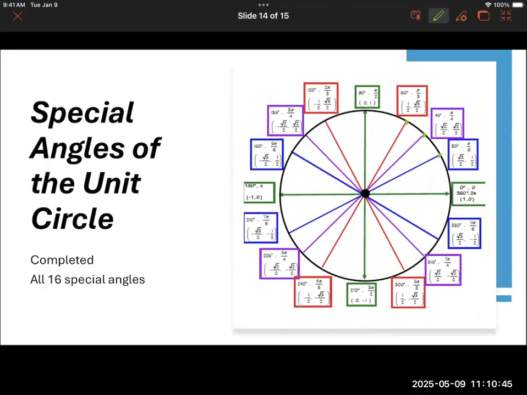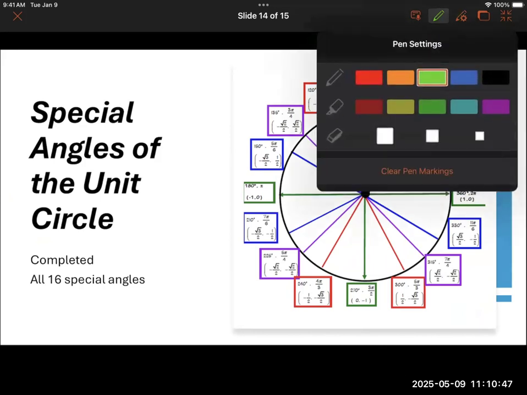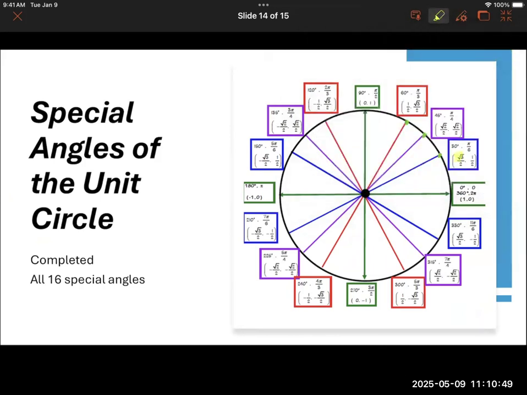And in each of those coordinates, we know that the x coordinate will be cosine, and the y coordinate will be sine.